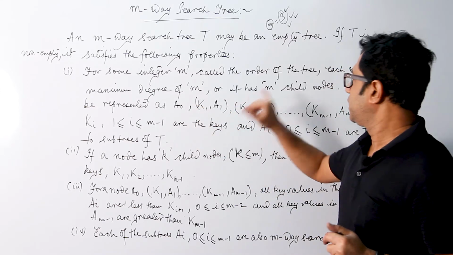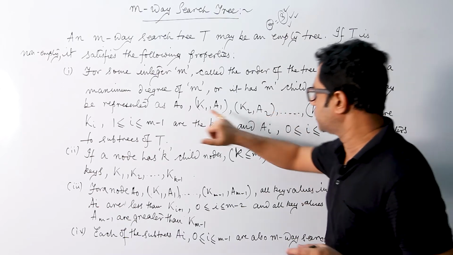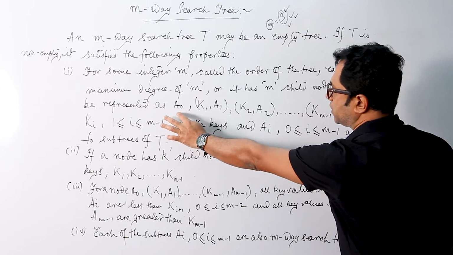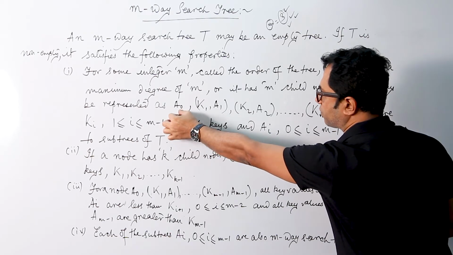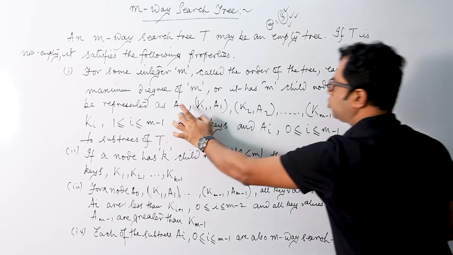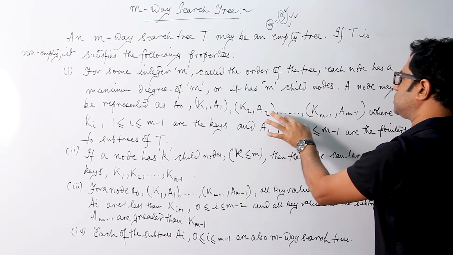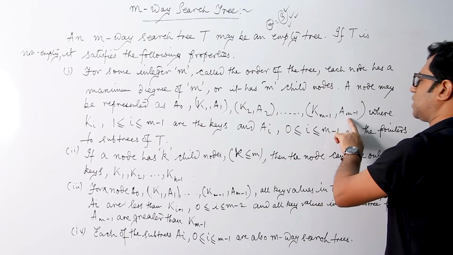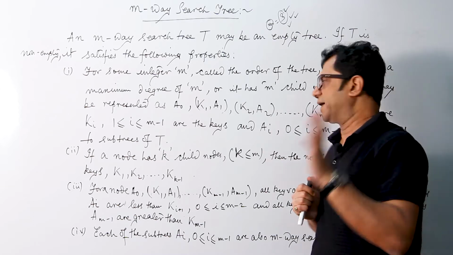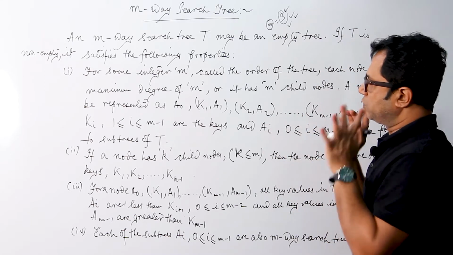There are m child nodes which can be reached from each node. The m child nodes are indexed from 0 to m-1: A0, A1, A2, A3, A4, in such a way that it reaches up to Am-1. That leads us to get m child nodes from the particular node.